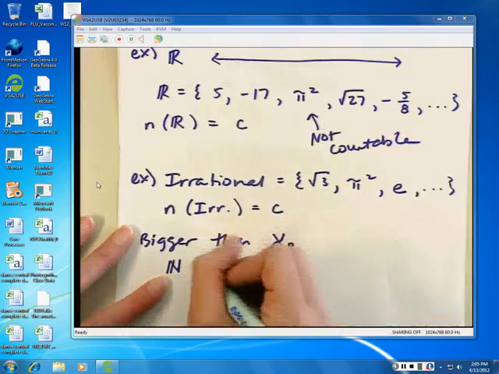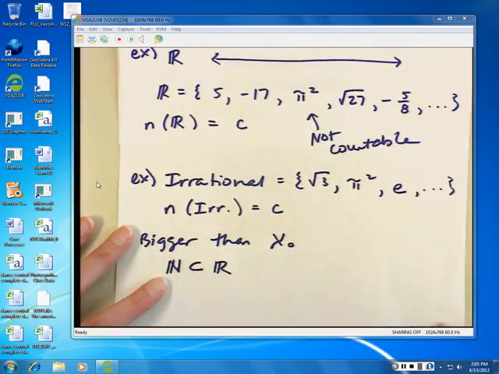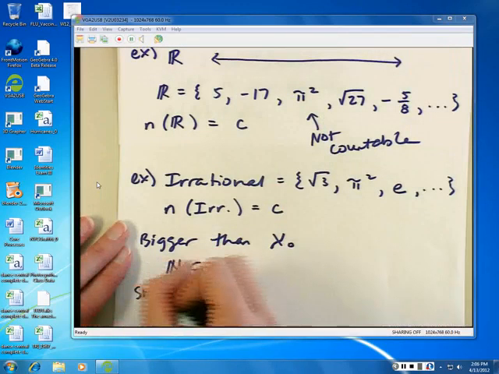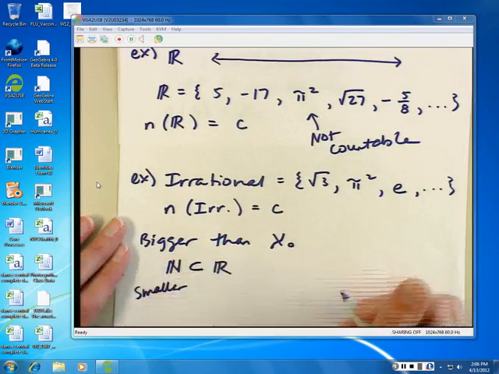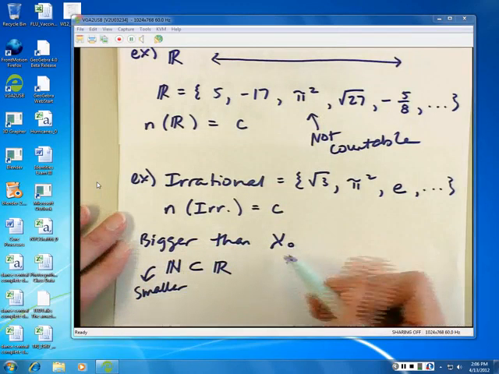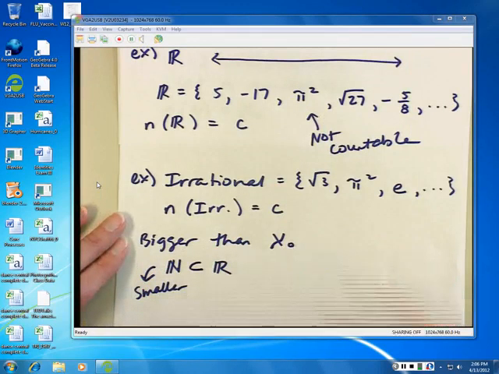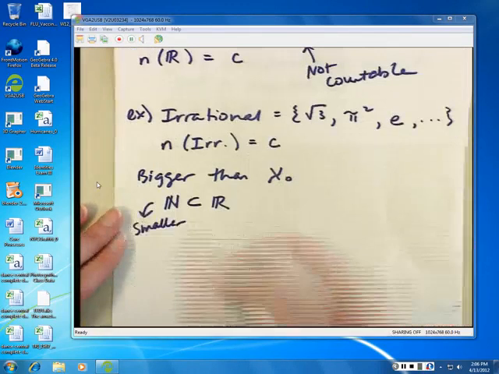The set of natural numbers is a proper subset of the real numbers. To be a proper subset, you have to be smaller. So C is bigger in scale, even though they're both infinite. C is bigger than aleph naught. So you can just kind of think about that one.